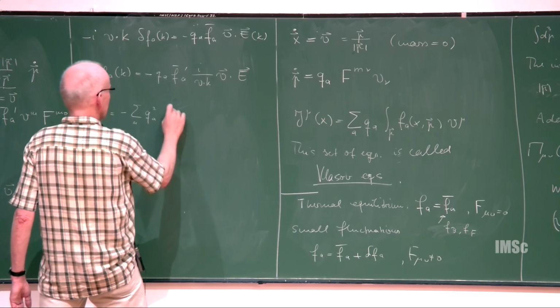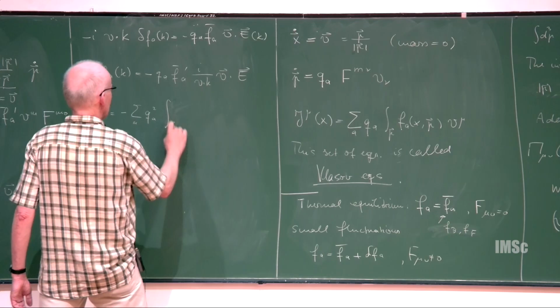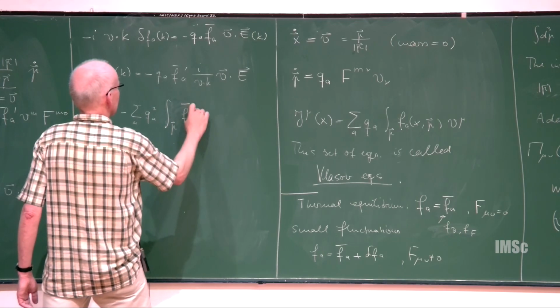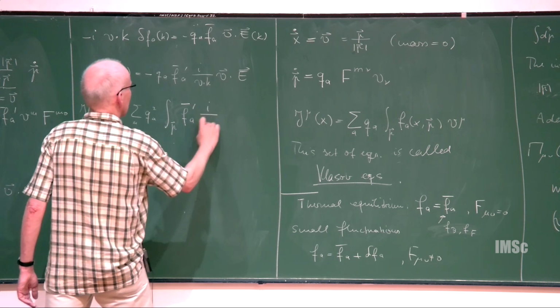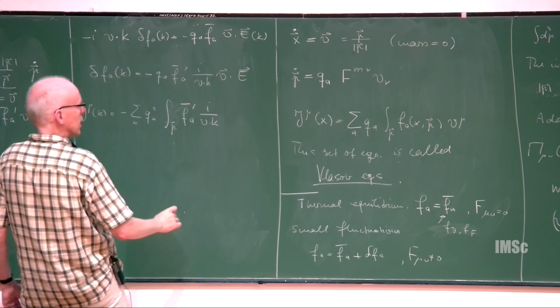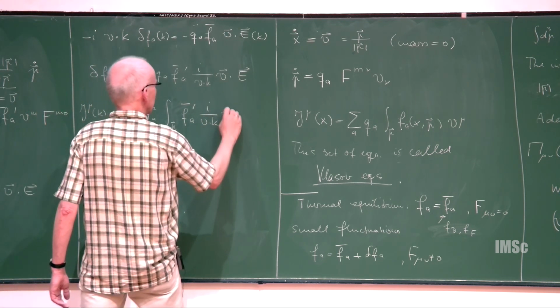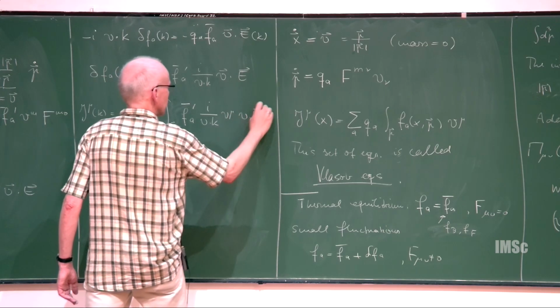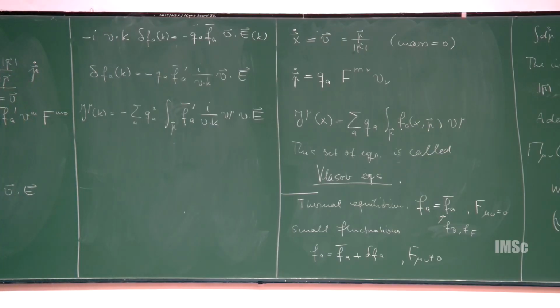So I have the integral over momentum, and my delta f here is f_a bar prime i over v dot k, and then v mu v dot E. Yeah, that is the current I get.